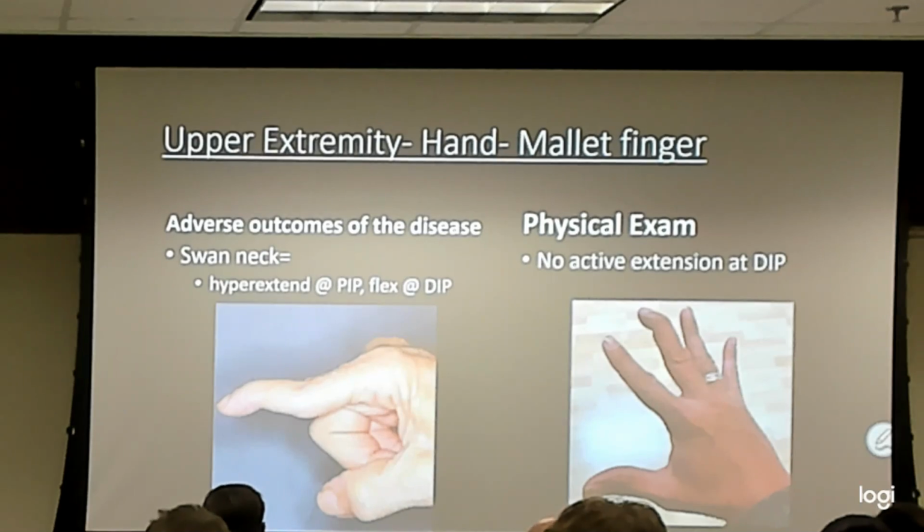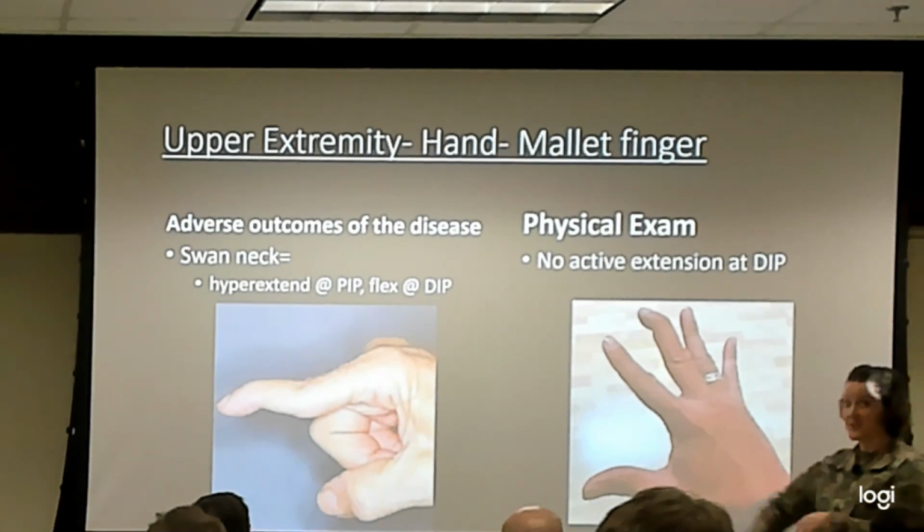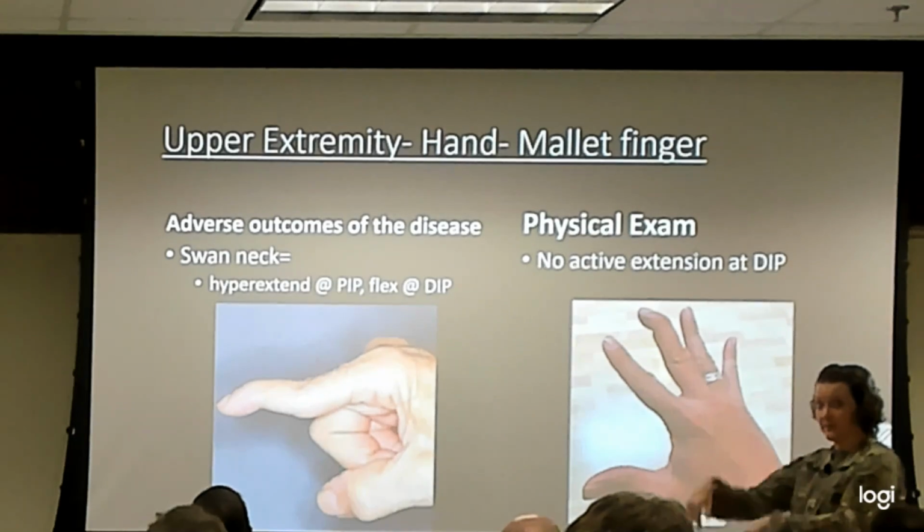Okay, so this is where that whole draw out what goes where comes into play. An adverse outcome of this disease is a swan neck deformity. It's the exact opposite of boutonniere.